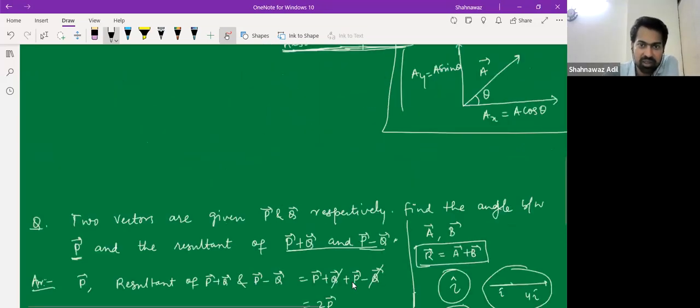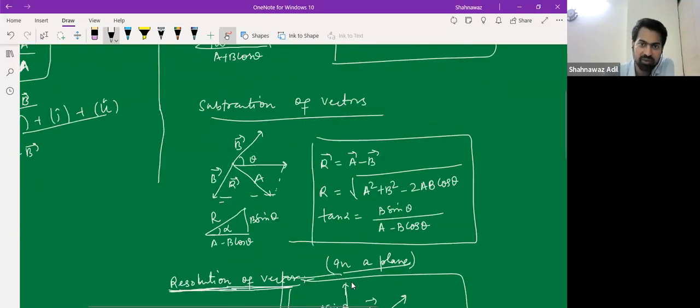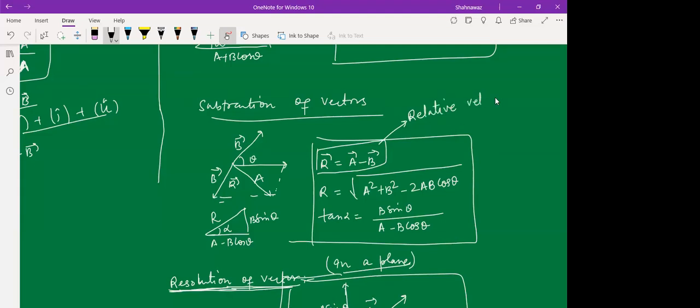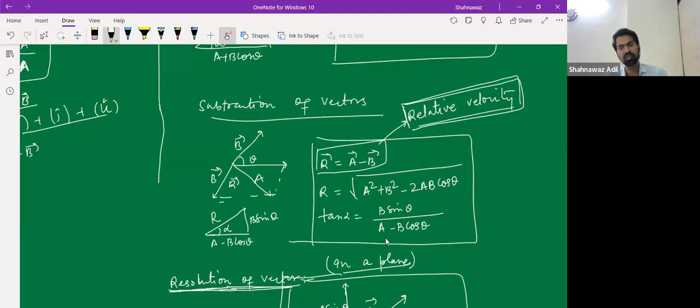And remember, in the subtraction of vectors, this idea is used in relative velocity, right? Yes, sir. I will talk about this more extensively in the third chapter, when I do relative velocity. In relative velocity, you use this subtraction of vectors.